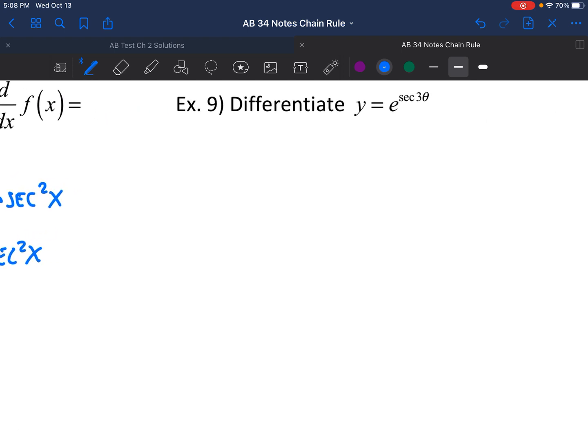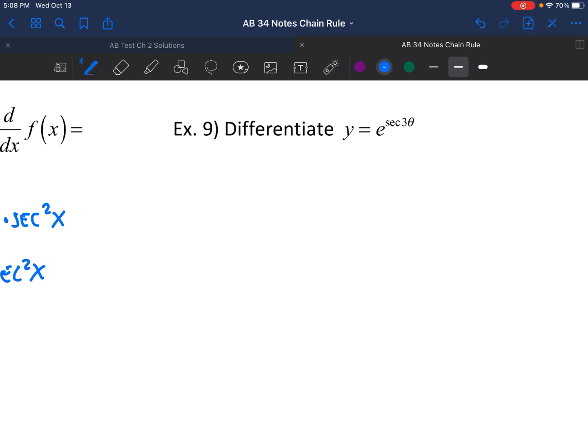Last one here, differentiate y equals e to the secant of 3 theta. Now again, we've got a function within a function within a function. We've got e raised to the secant of 3 theta. Our outermost function, the derivative of e, is the same as we started with.